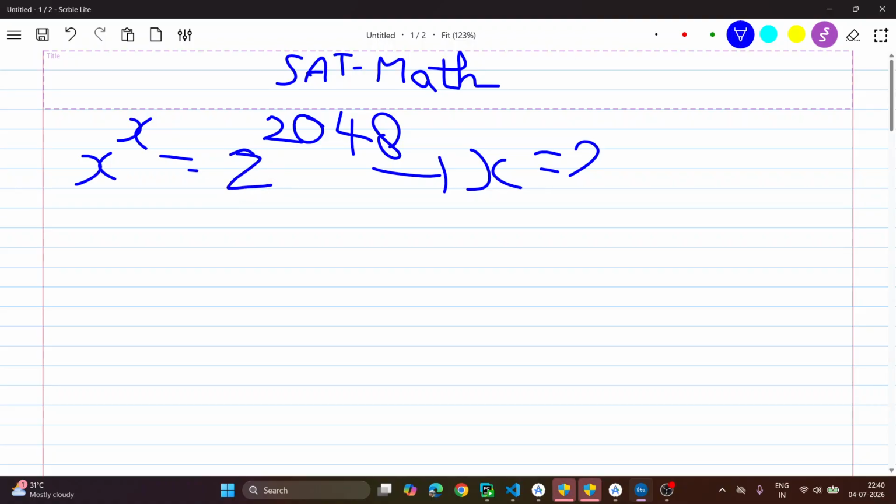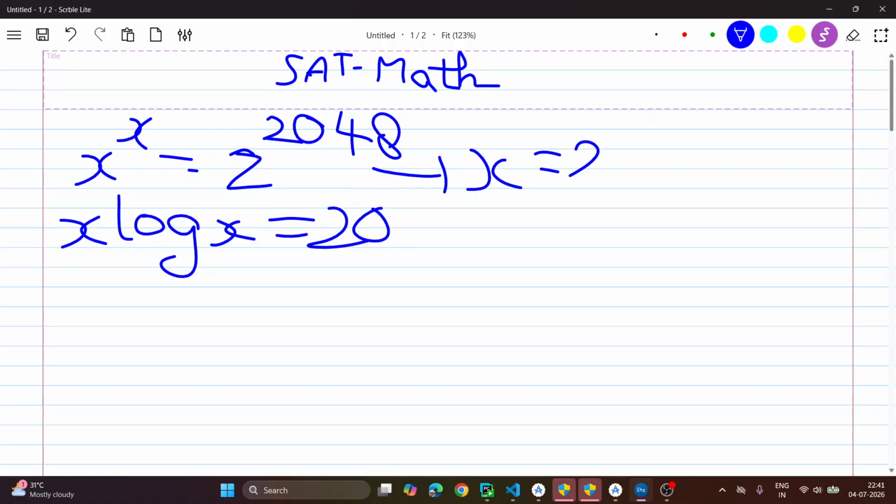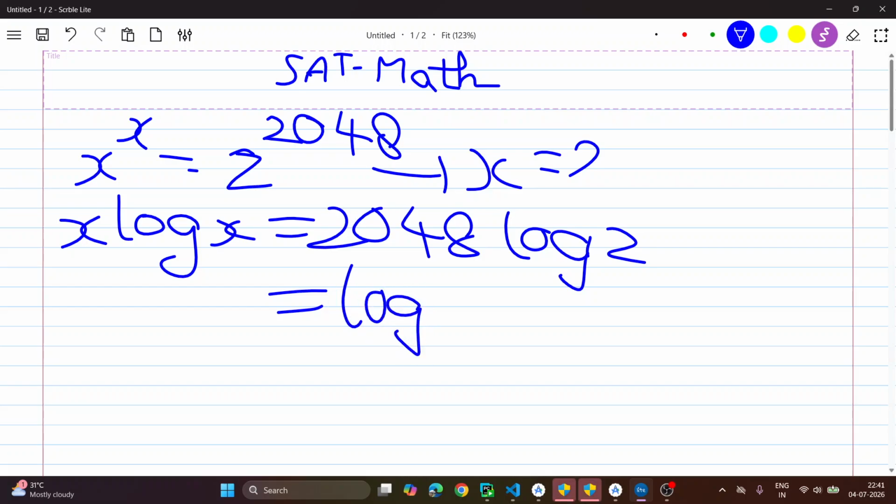You apply log on both sides. I don't expect you to know log, but I'm just showing it simply. Log 2 equals log 2 power 2048.